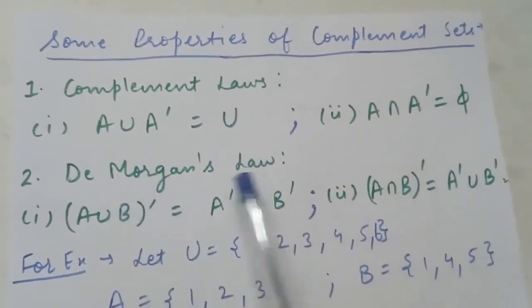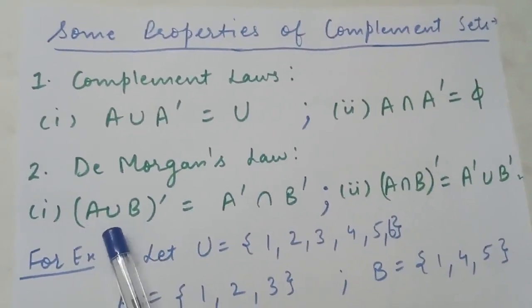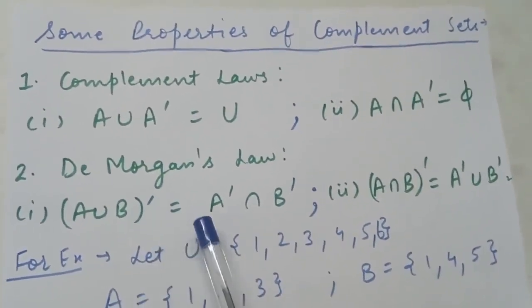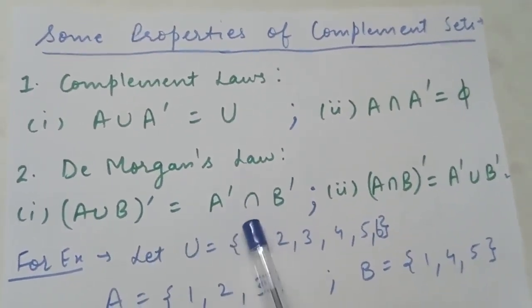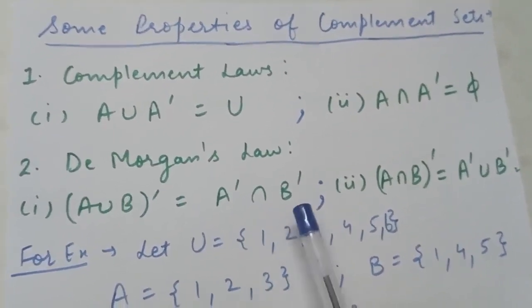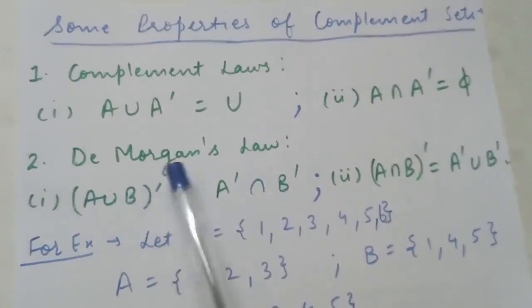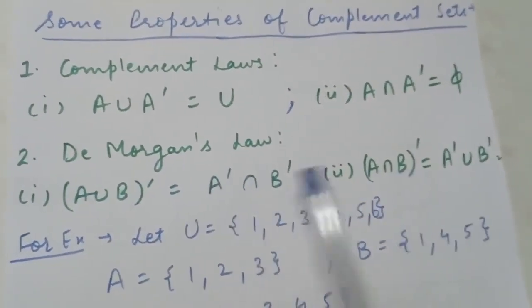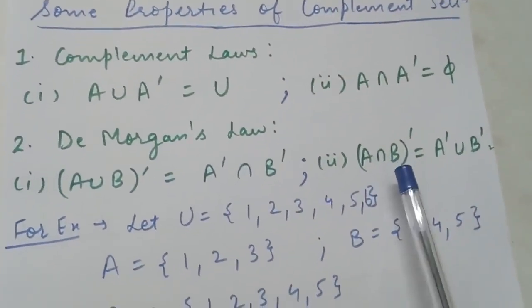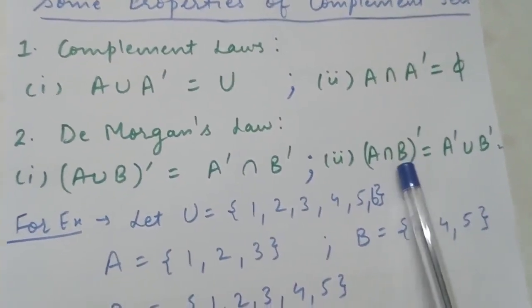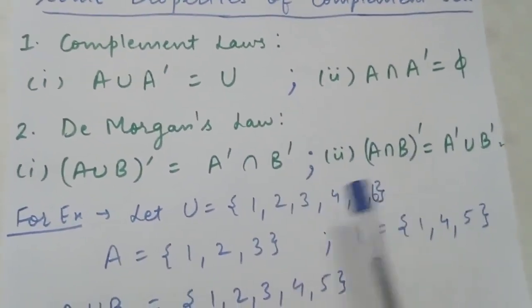Now next is De Morgan's law, which states that A union B whole complement is equal to A complement intersection B complement, right? This is De Morgan's law and both these two points are very important and will be helpful in many questions. So you have to learn them very carefully.